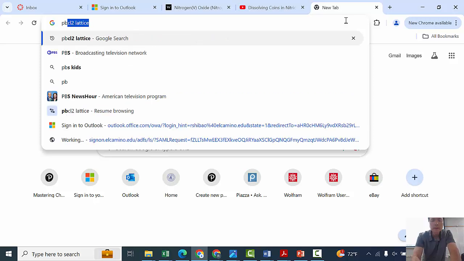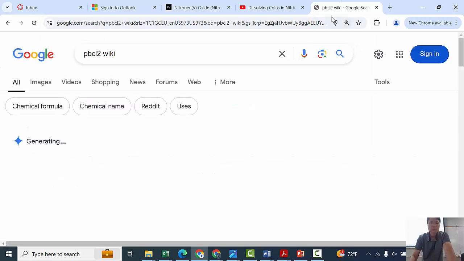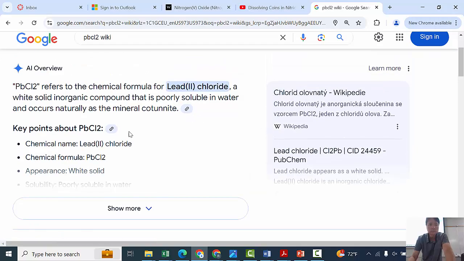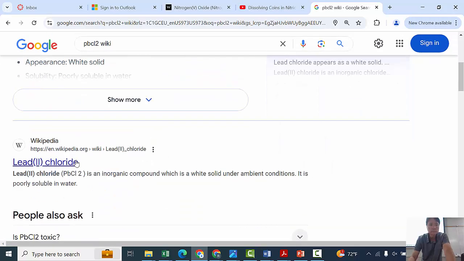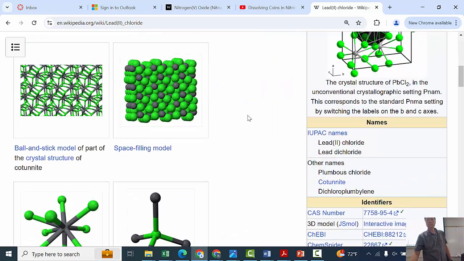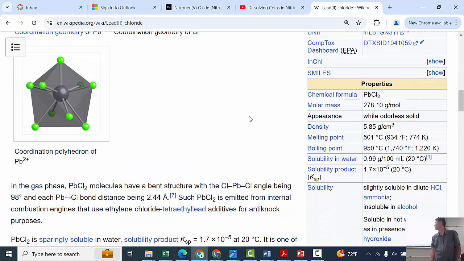We were looking at PbCl2, and what we're trying to do is break apart this lattice. Let's take a look at its solubility in water.